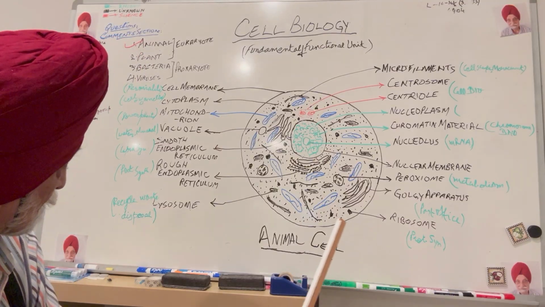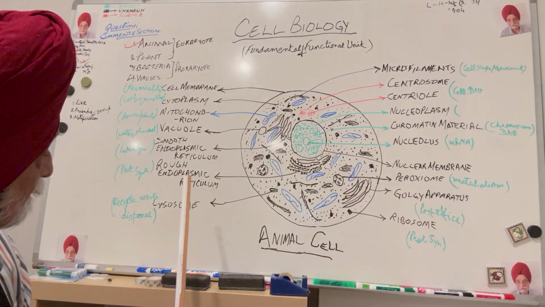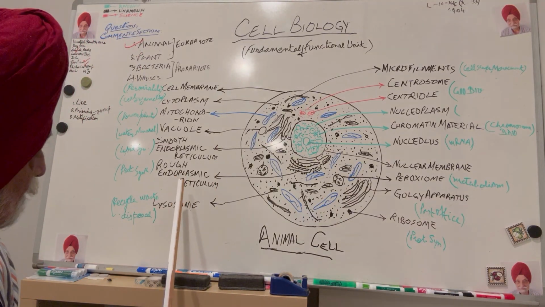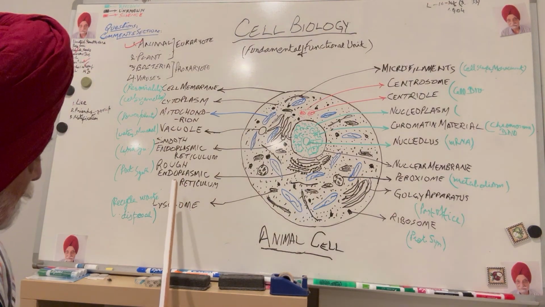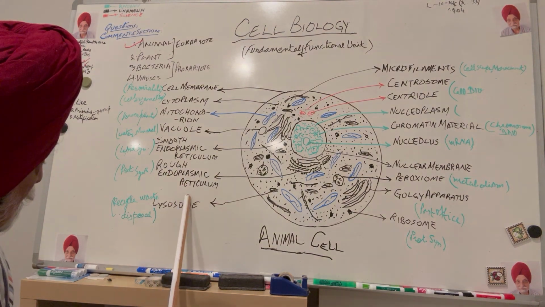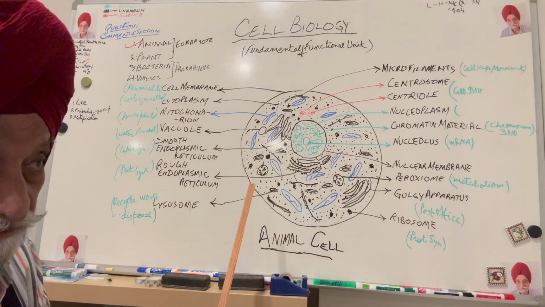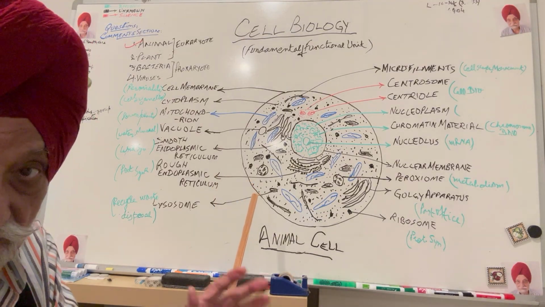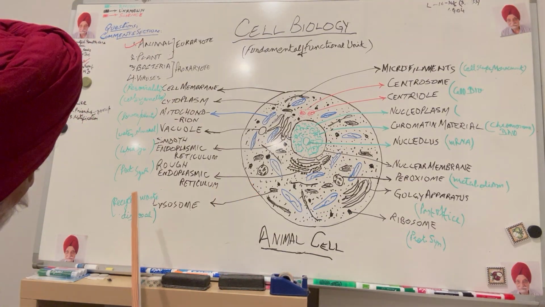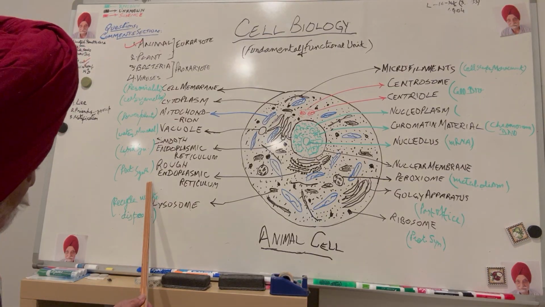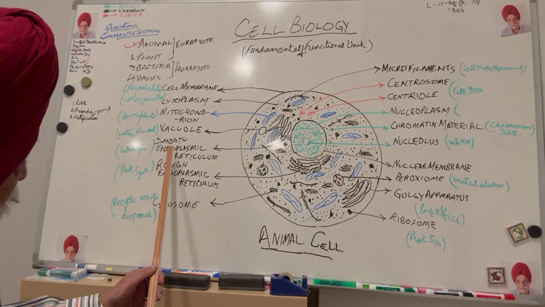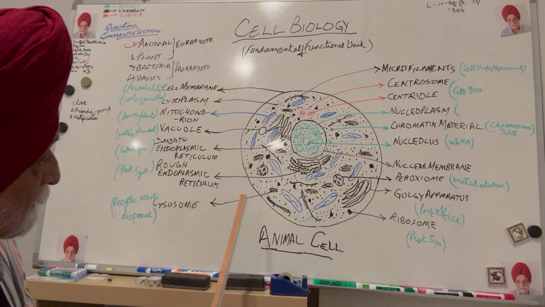Then we have reticulum. There are two types of reticulum. One is rough endoplasmic reticulum. Rough endoplasmic reticulum is responsible for the synthesis of proteins. And the other is smooth endoplasmic reticulum.